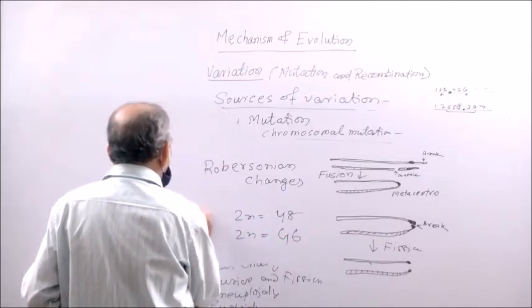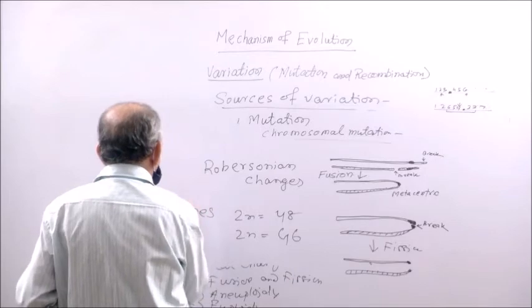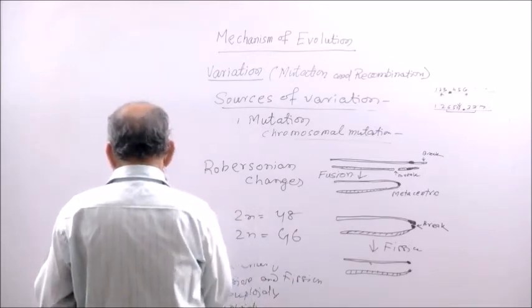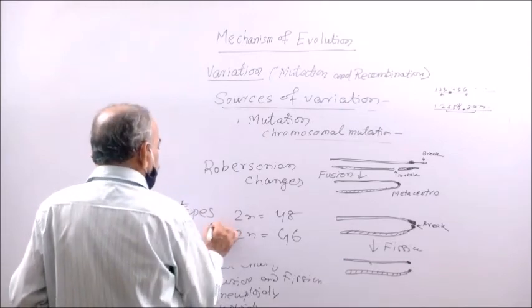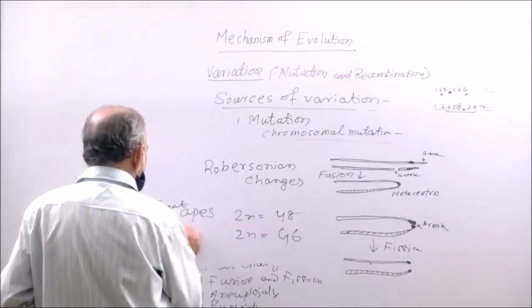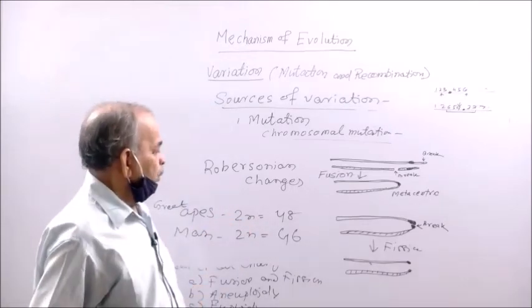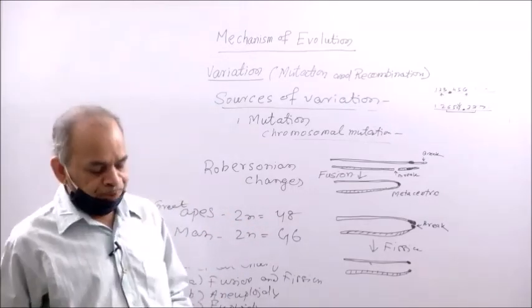Here these are the great apes. They have 2n equal to 48, and in man 2n equal to 46.